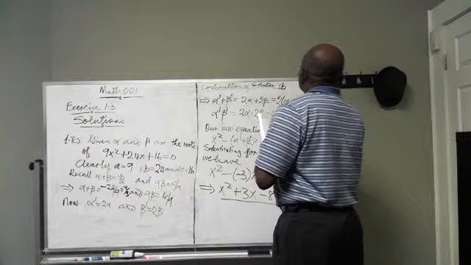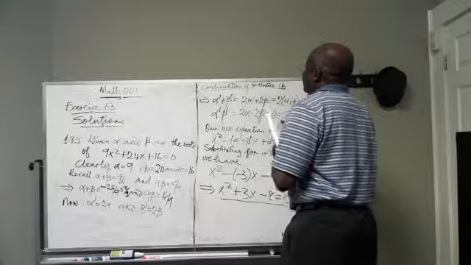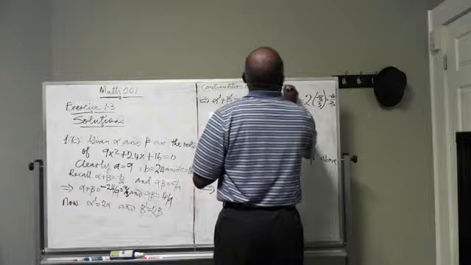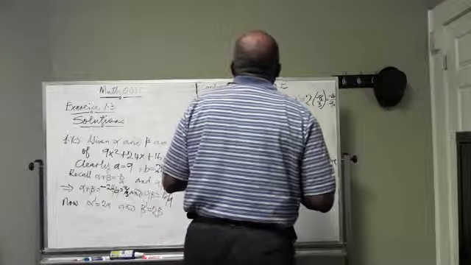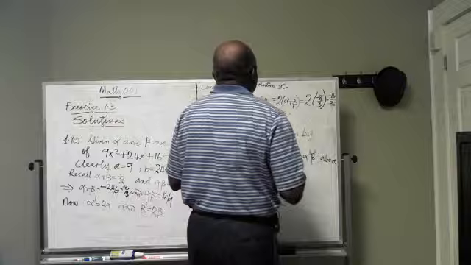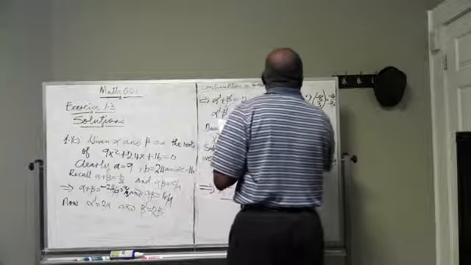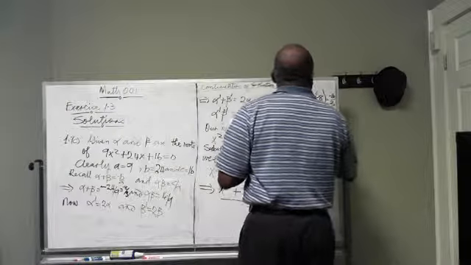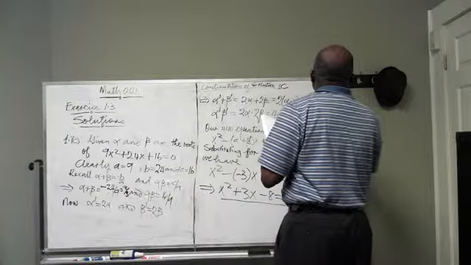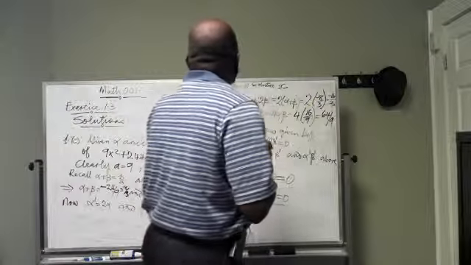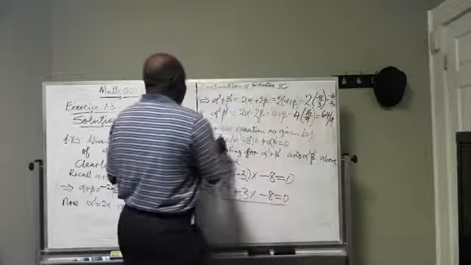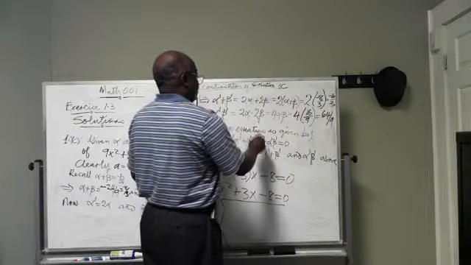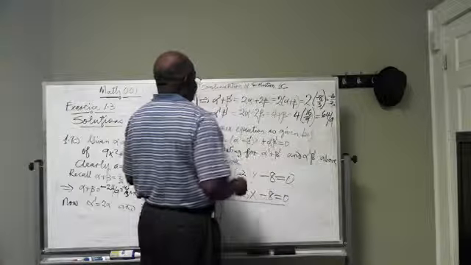And alpha prime beta prime equals 2 alpha times 2 beta, which is equal to 4 alpha beta, which is equal to 4 into 16 over 9. That gives us 64 over 9. Now, our new equation is given by x squared minus alpha prime plus beta prime x plus alpha prime beta prime equals 0.